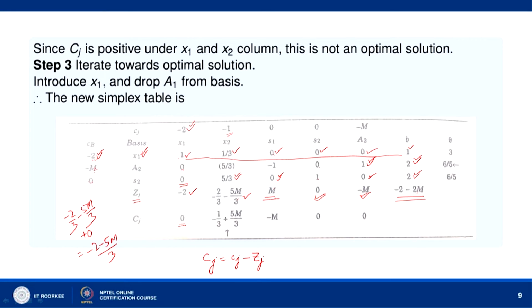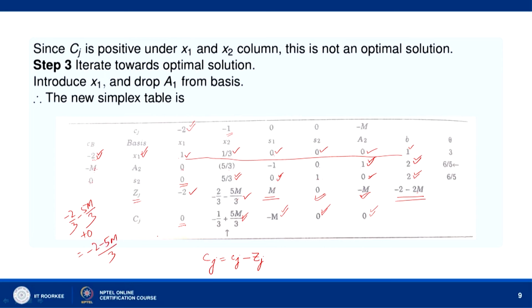Then 0 minus M gives minus M, 0 minus 0 is 0, and then minus M minus of minus M gives minus M plus M, that is 0 here. And we notice that since M is large, minus 1 by 3 plus 5M by 3 is a positive quantity.